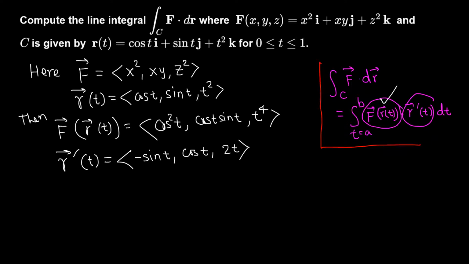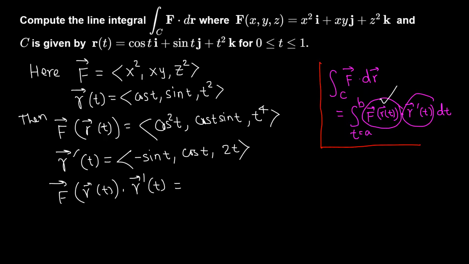Okay, and now we can find the dot product of these two first. Let's find that. F(r(t)) dot r prime of t. The dot product means the sum of the products of the components.